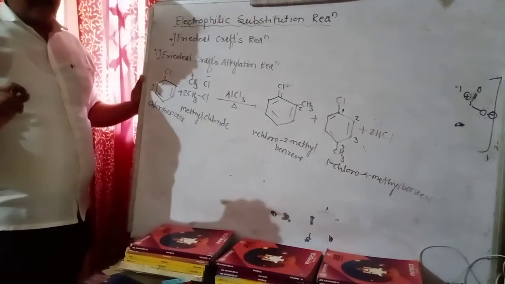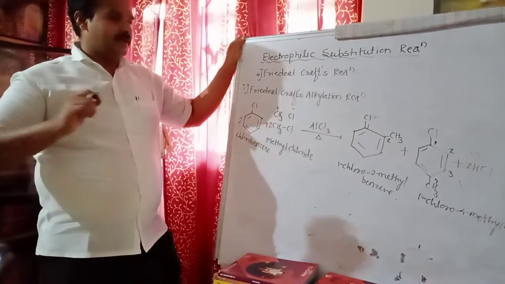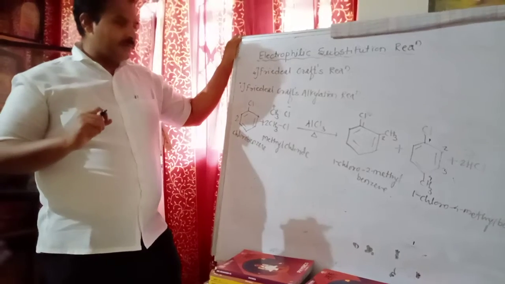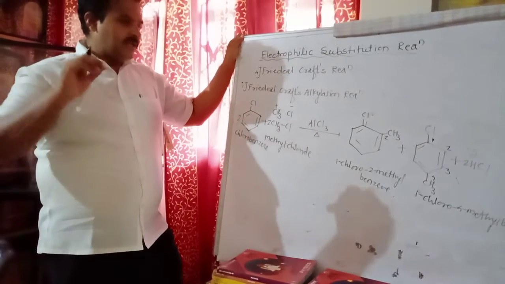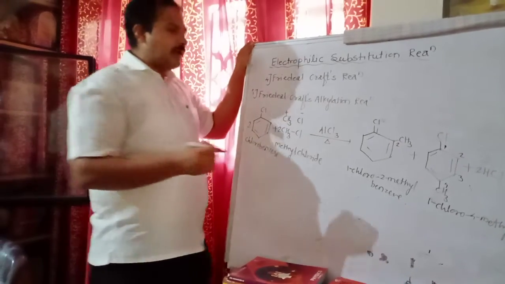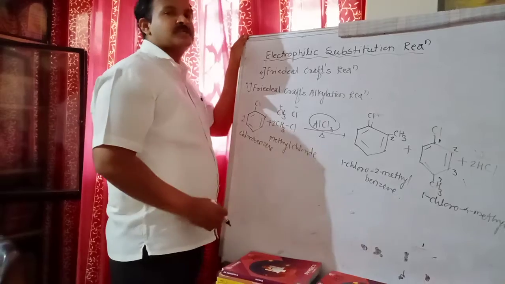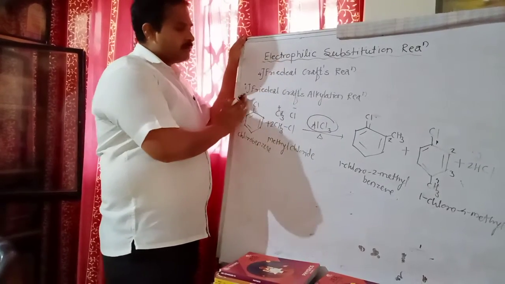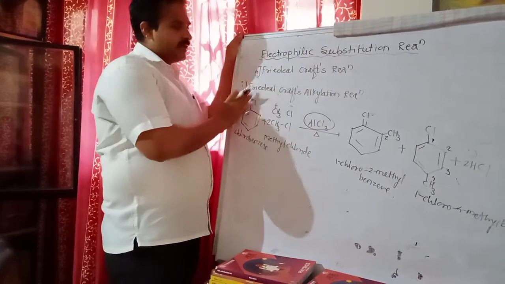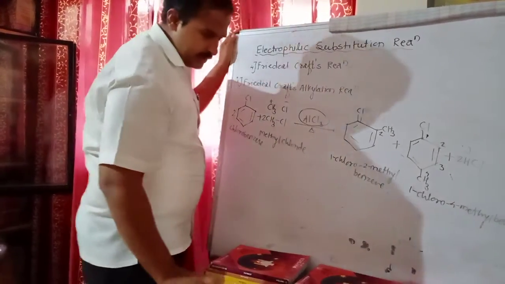In your examination, if asked to write a note on it: when chlorobenzene is treated with methyl chloride in the presence of a Lewis acid, it forms ortho and para substituted products. This is one type of Friedel-Crafts reaction, the Friedel-Crafts alkylation reaction.